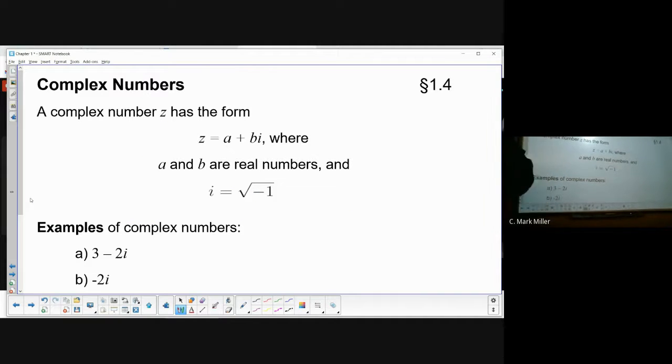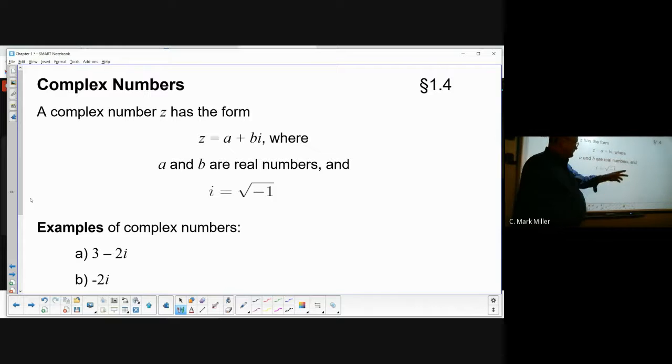Complex numbers use the complex unit. So complex numbers are of the form, we always say z for a complex number, typically z or w, we don't usually use x, a plus bi. Now i is the critter we just saw. a and b are ordinary real numbers, so a and b come off the number line somewhere.